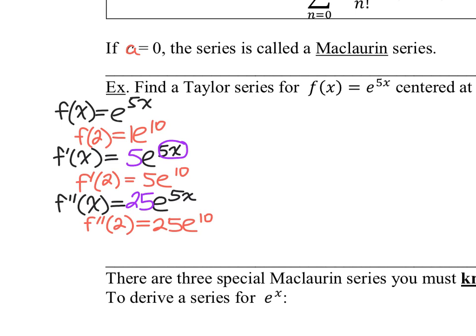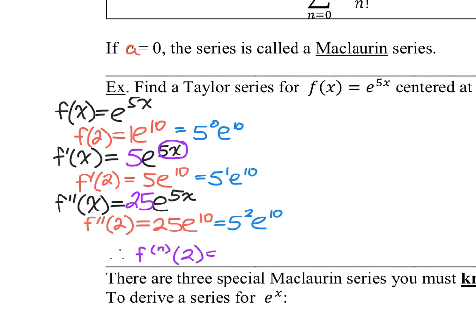So another way of expressing each one of those, you could write it as 5 to the 0th, e to the 10th, 5 to the 1st, e to the 10th, 5 to the 2nd, e to the 10th. With the idea being that ultimately, since I'm looking for the nth derivative at 2, I know there's going to be a 5.